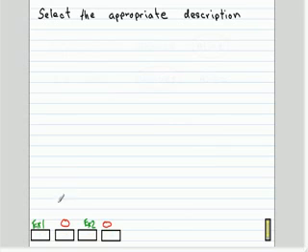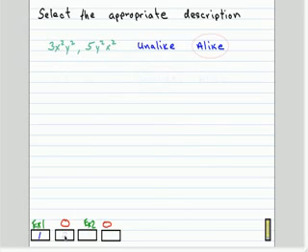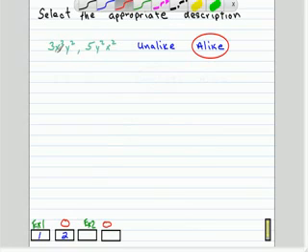So let's try a little quiz. Select the appropriate description. Are these alike or unalike? Remember our definition. We're looking for common variables with the same exponent. So these are alike. Oh, but you say they're in different order. Remember we talked about the order doesn't matter. This has an x squared.